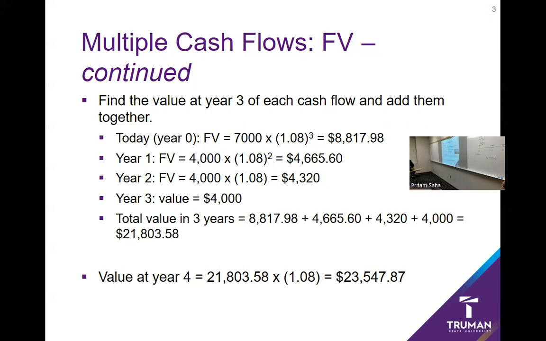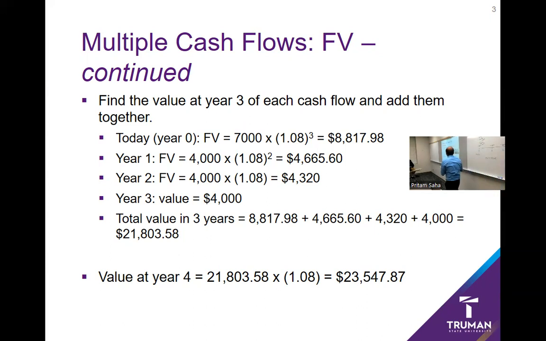So this formula in the financial calculator will give you this value. Same thing for the others, but with N of 2 and N of 1. Make sense? You'll find the future value.